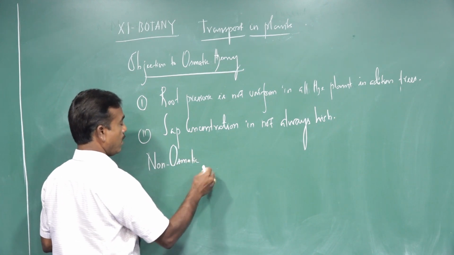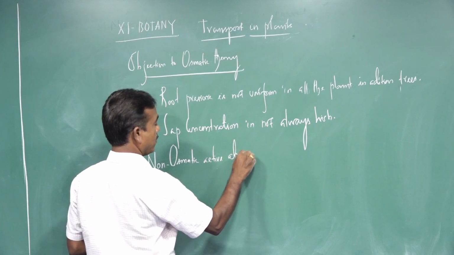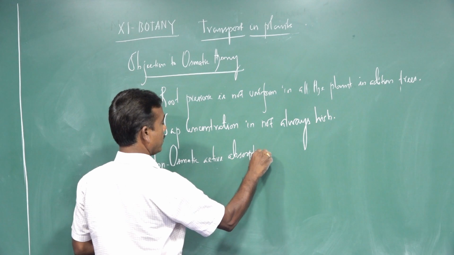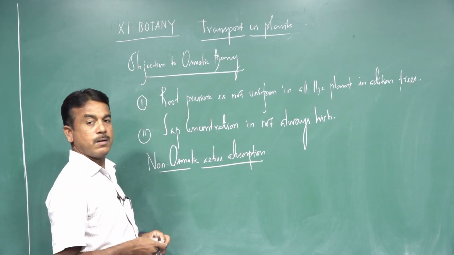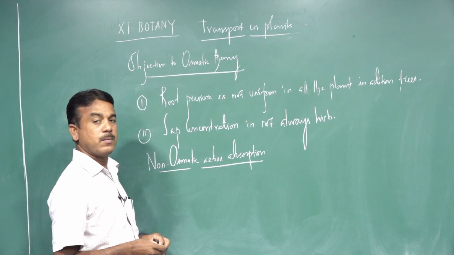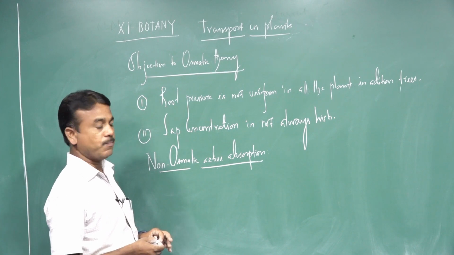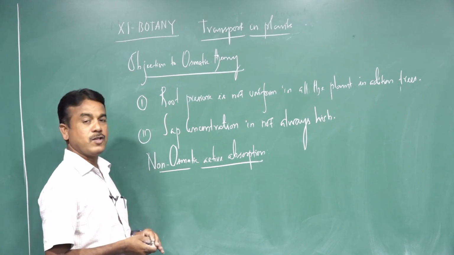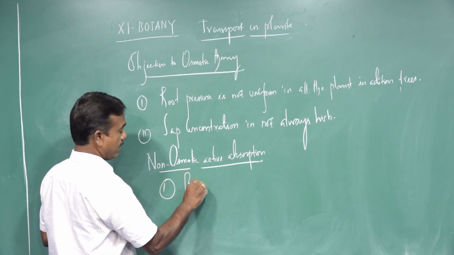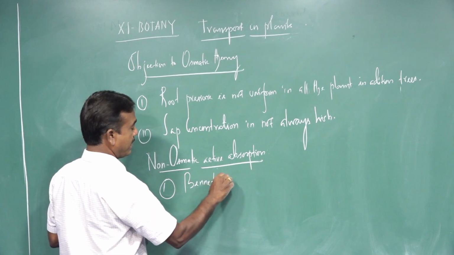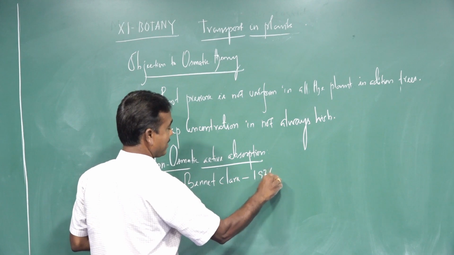Then I go to the next one, commonly called non-osmotic active absorption. Who postulated or propounded the non-osmotic active absorption theory? The first one is Bennet-Clark in the year 1936.